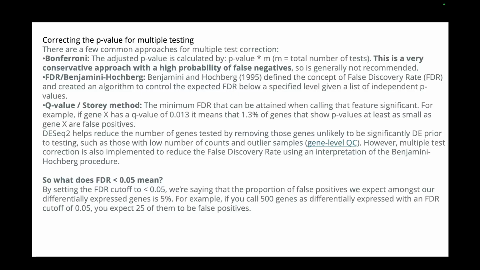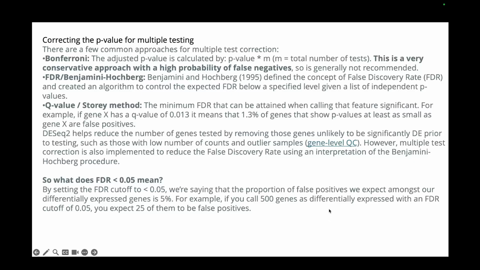So it gives you an idea about how much false positive is present in the data after you fit the model, and you can have an idea about when to consider a gene to be differentially expressed or not depending on the p-value that you are getting.